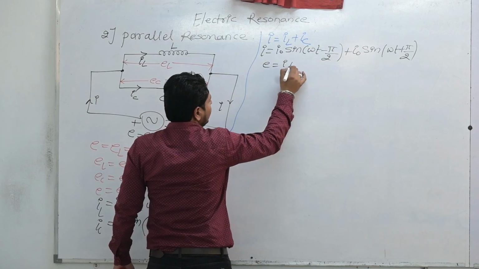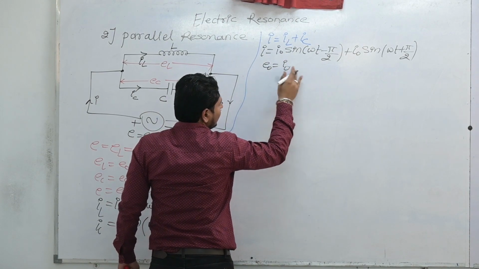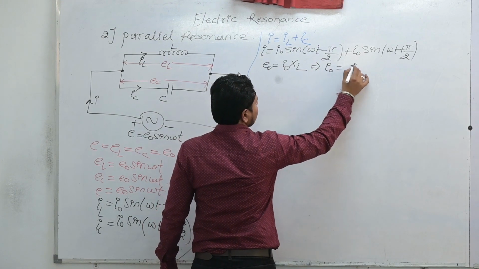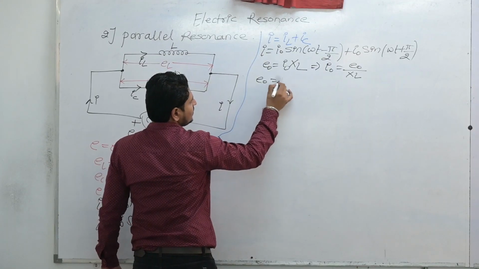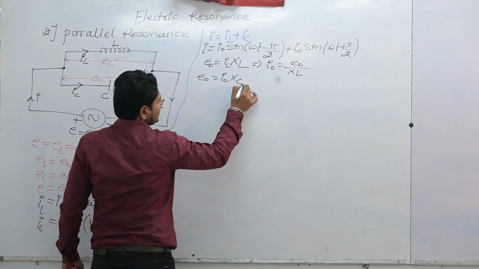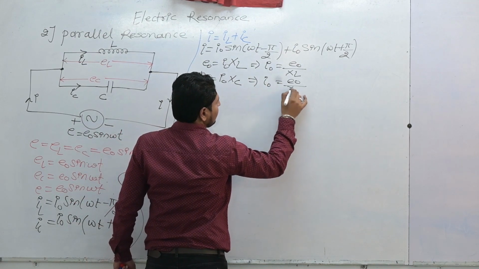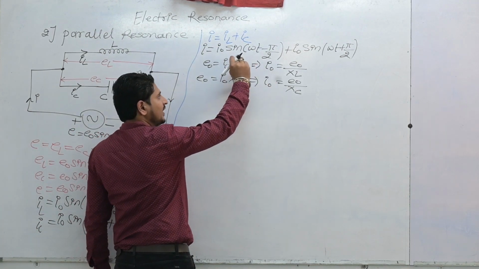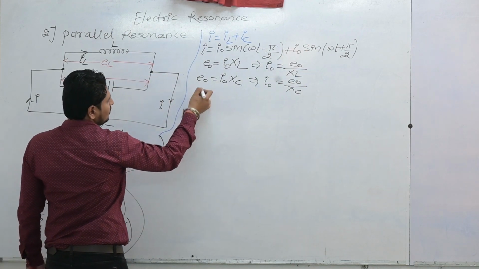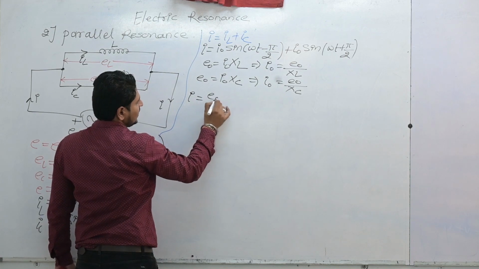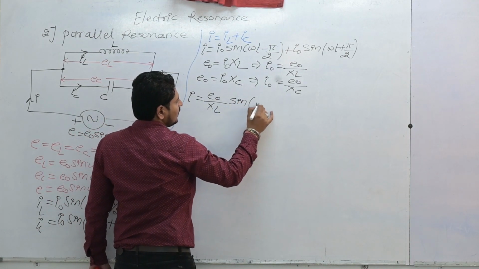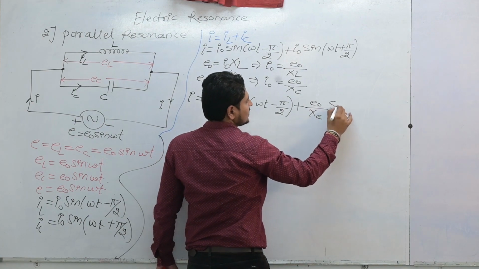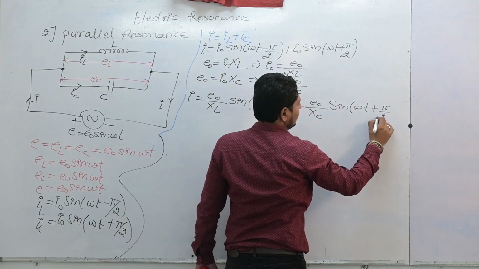According to Ohm's law, E naught is I naught into the reactance. If we change to XL and XC, the equation for I naught is E naught divided by XL for the inductor, and in terms of capacitive reactance, I naught is E naught divided by XC. These are the peak values of current across the inductor and capacitor. Putting all these terms here, we get I equal to E naught divided by XL sine omega t minus pi by 2, plus E naught divided by XC sine omega t plus pi by 2.